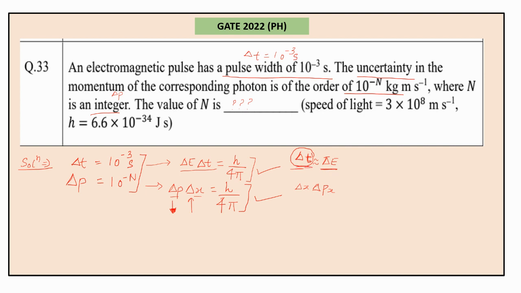So again, uncertainty in energy and time is coming just like in momentum and position. So coming back to the question, we are given delta t and delta p. So how will you do? You'll write this formula, delta E into delta t is equals to h upon 4 pi.